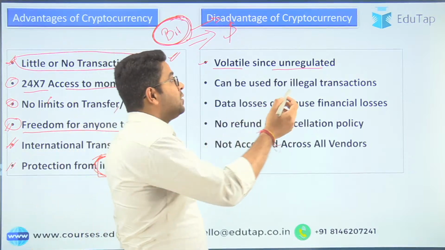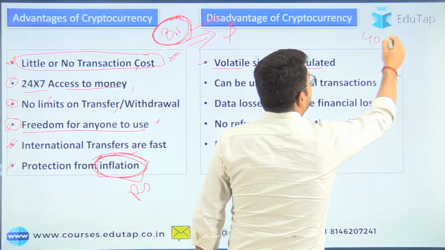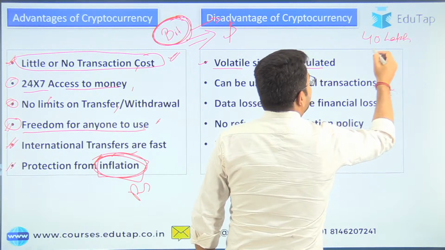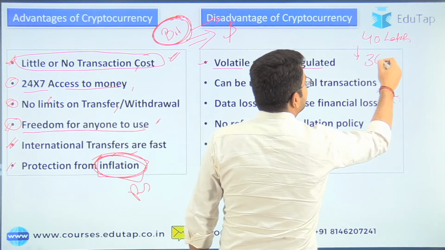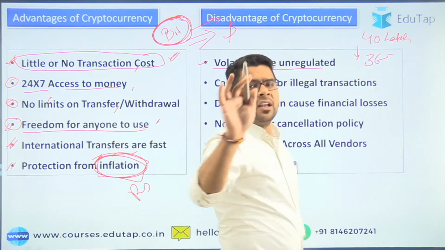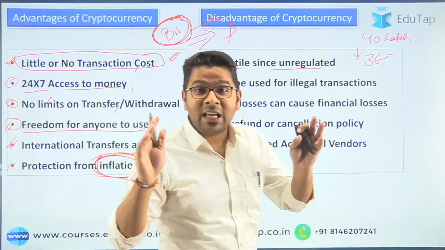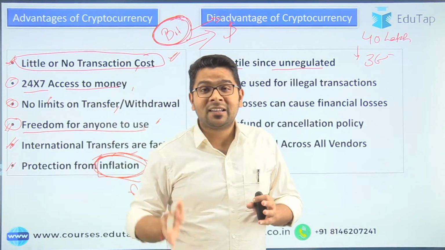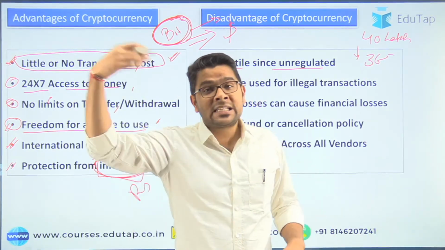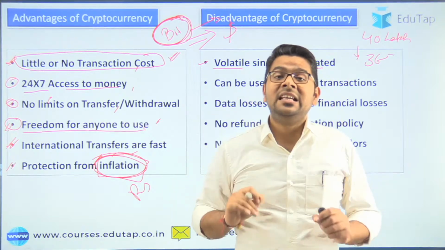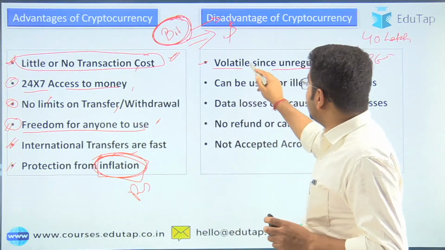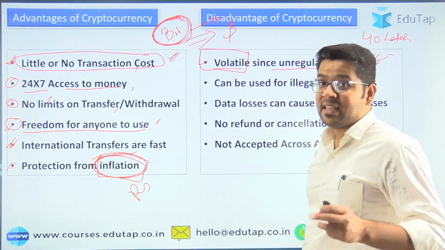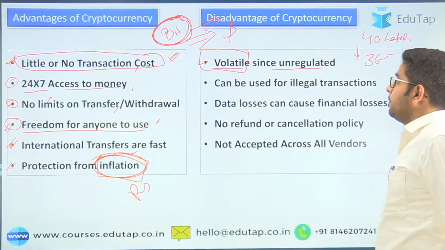I think it was running around 40 lakhs, and after the tweet it came down to around 35 or 36 lakh. Just check it. You do not have to remember the figures, but I am telling you how volatile cryptocurrency is. 40 lakh, 36 lakh, maybe next day 25 and next day 1 crore. It is highly speculative and volatile in nature, so one of the biggest disadvantages of cryptocurrency.